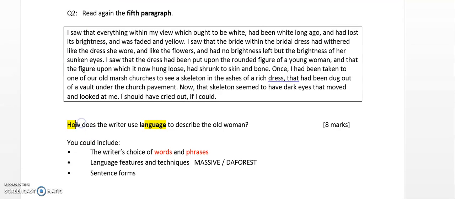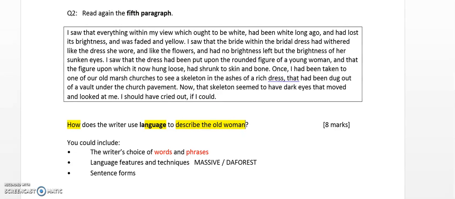It's asking you to pick out the different language techniques, the words and phrases, and say how they're creating an impact on you, what they're making you think or feel. In this case, it's how the language, the words, phrases and techniques, are used to create an impact on you in terms of the way the woman is described.